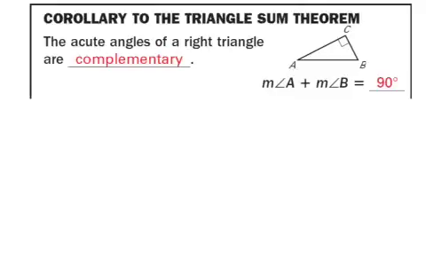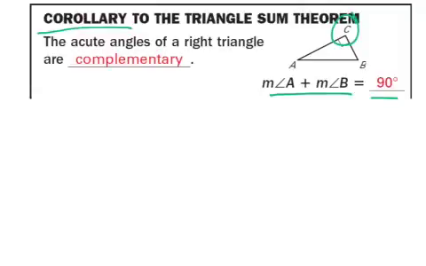All right, corollary. Remember, a corollary is something that follows directly from that. Well, if all three angles of a triangle add up to 180 degrees, and we know that we've got one right angle, 180 minus 90 is 90. So the corollary to the triangle sum theorem tells us that whenever we have a right triangle, the two acute angles, the two smaller ones, are complementary, add up to 90.